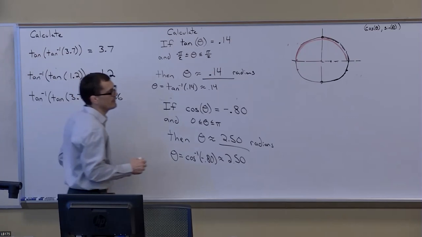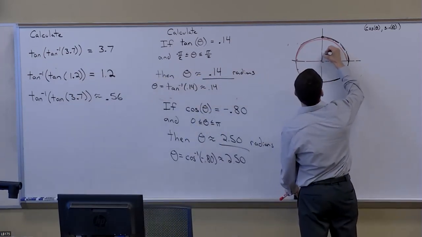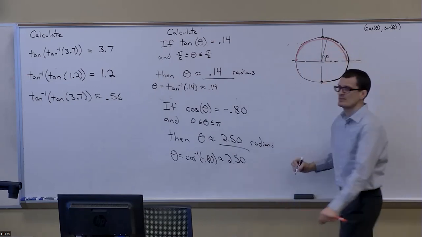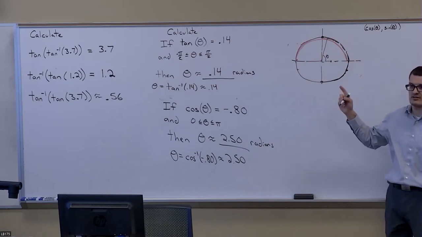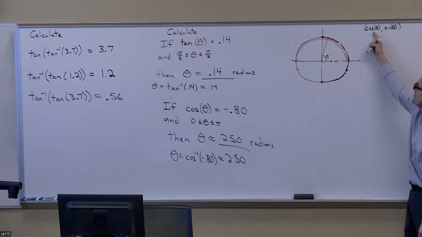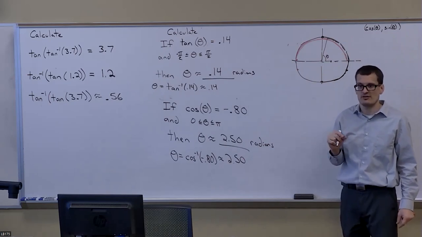So we have some angle that gives us a tangent of 3.7. Let's say it's this angle here. You have sine theta as your second coordinate, cosine theta is your first coordinate, and you take the ratio, you get tangent.